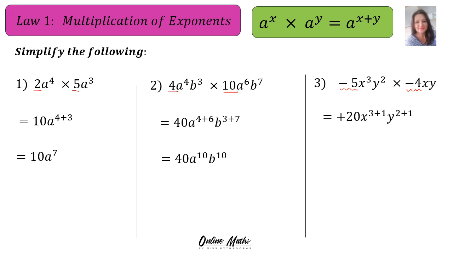When you go to minus 4xy, remember if there's no exponent, there is an invisible 1. That's why in terms of x, it becomes x to the 3 plus 1, and y, the exponents, you will add 2 plus 1. And your final answer, plus 20, x to the 4, y to the 3.